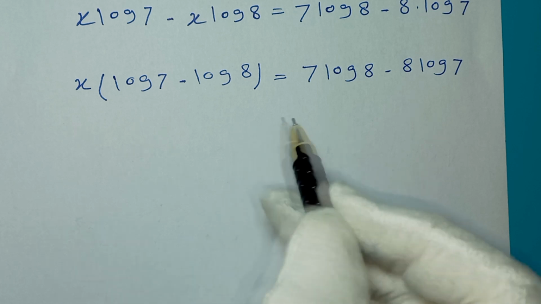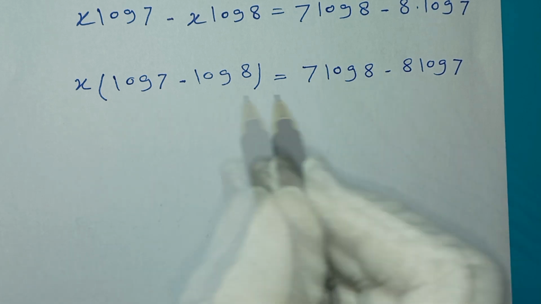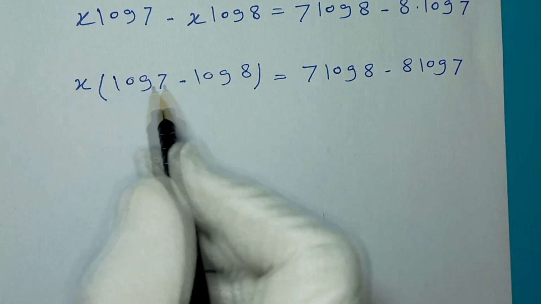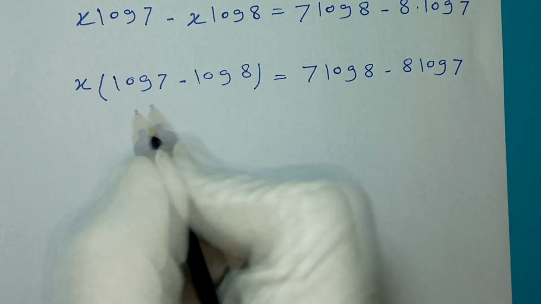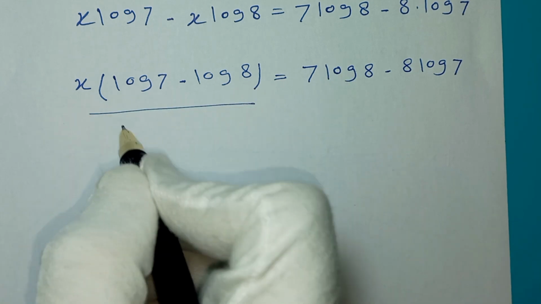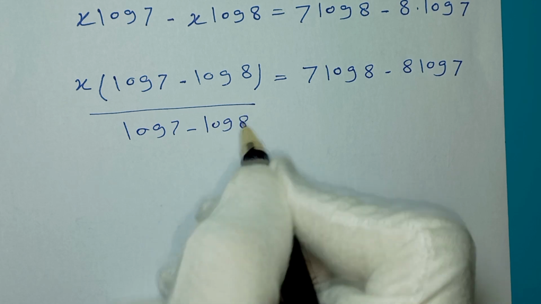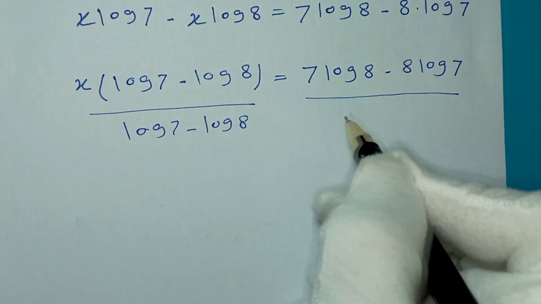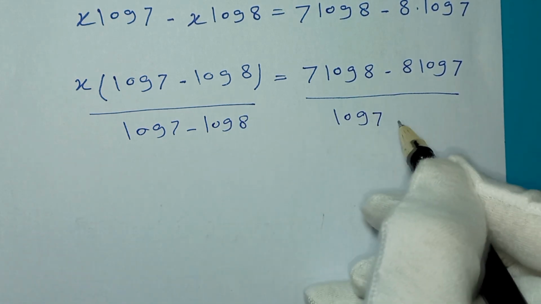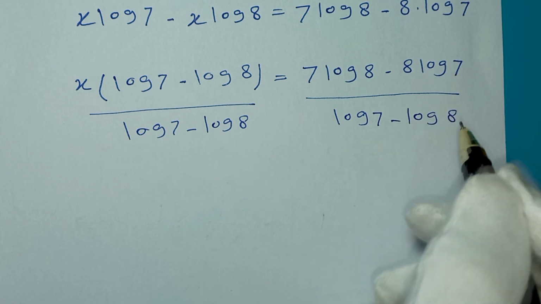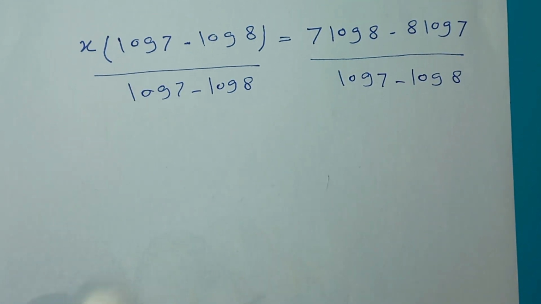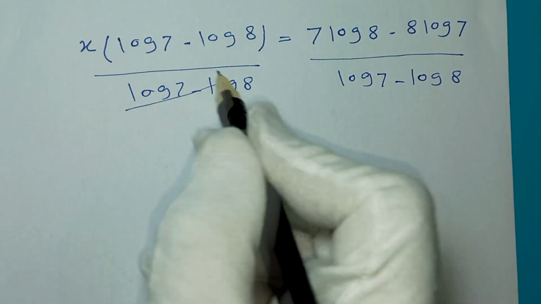In the next step, we divide both sides by log of 7 minus log of 8, and this will cancel this.